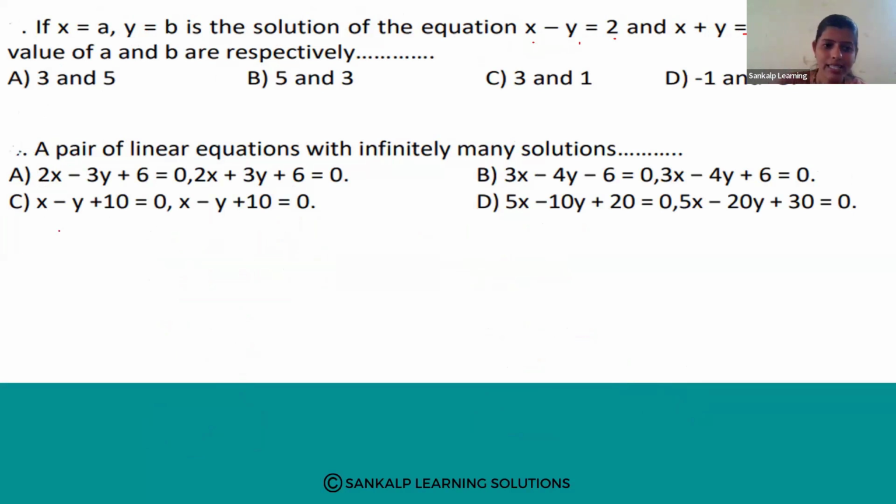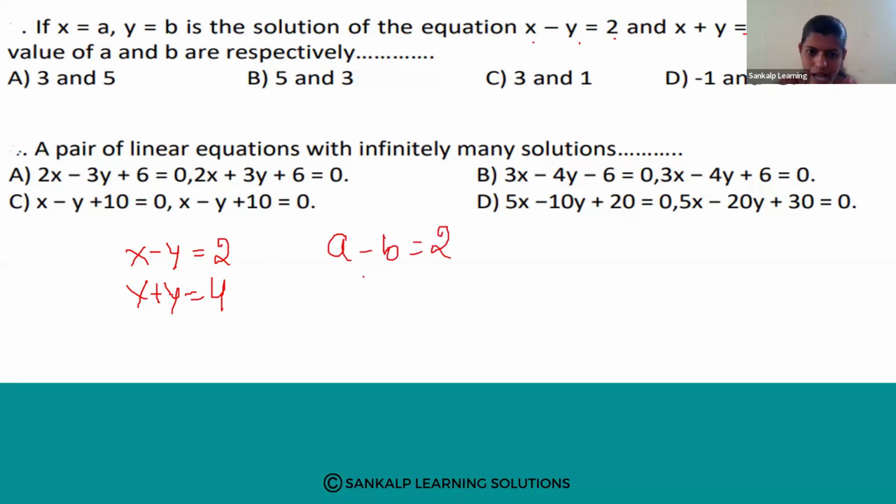So if x is equal to A and y is equal to B, then A minus B is equal to 2 and A plus B is equal to 4.